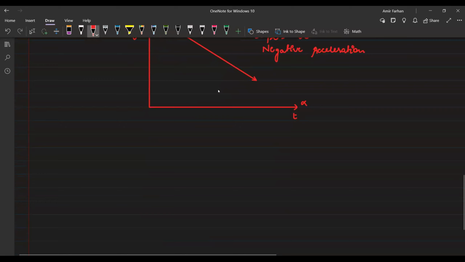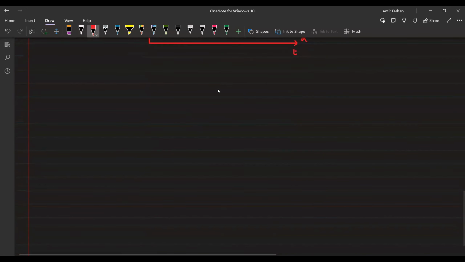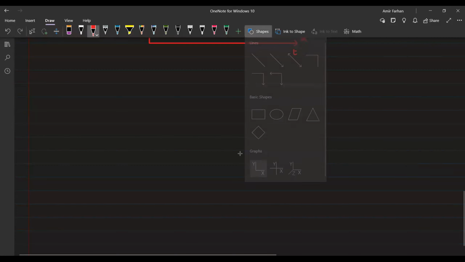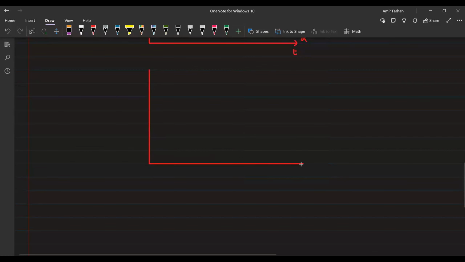What about zero acceleration, the velocity time graph of zero acceleration? I'm asking, what is the zero acceleration graph in VT? What does zero acceleration mean?